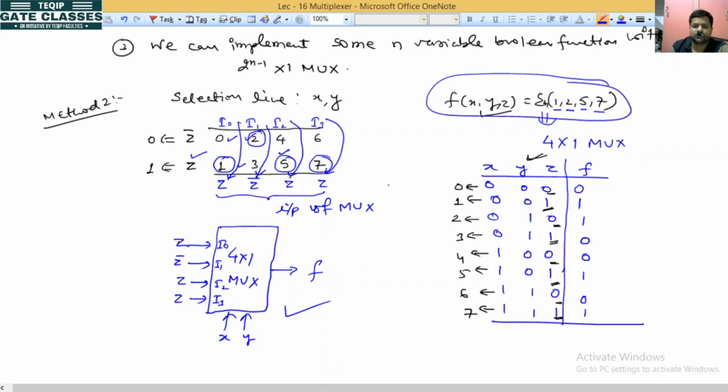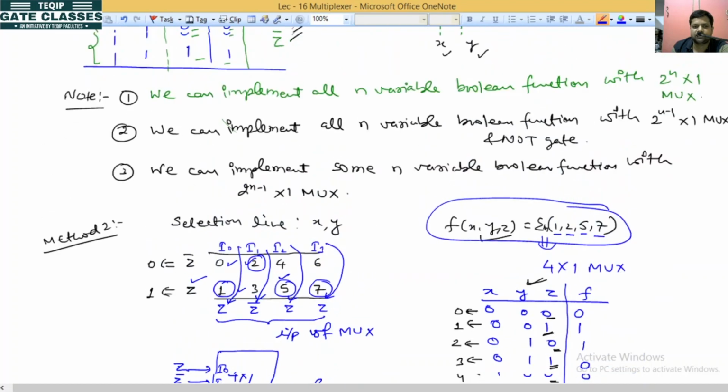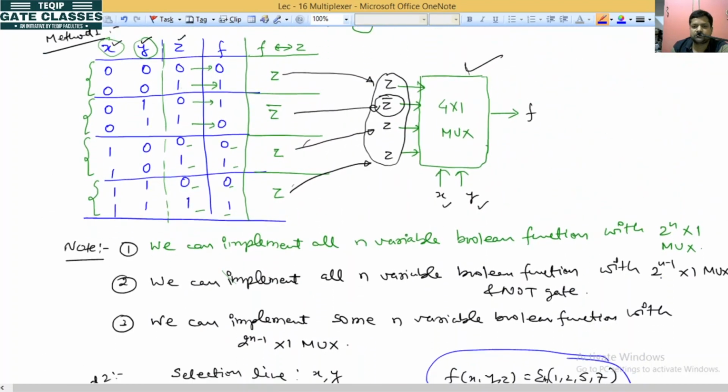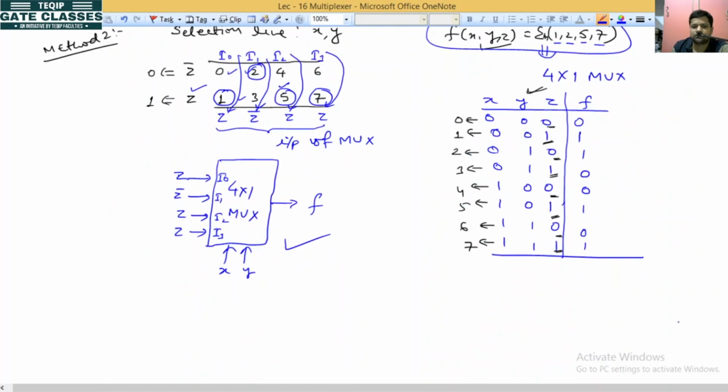If you match with method 1, we get the same answer. See here, we have z, z bar, z, z. Go in here, we have z, z bar, z, z. This is the same mux that we already implemented in method 1.